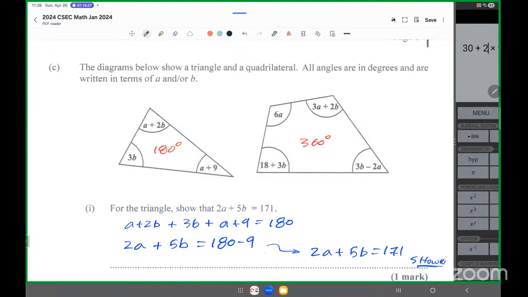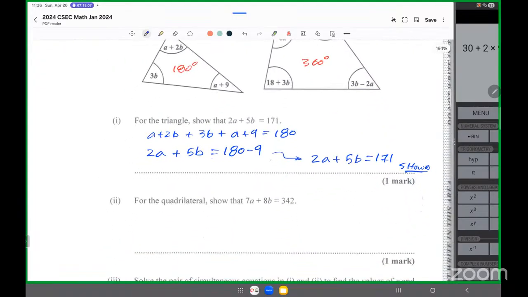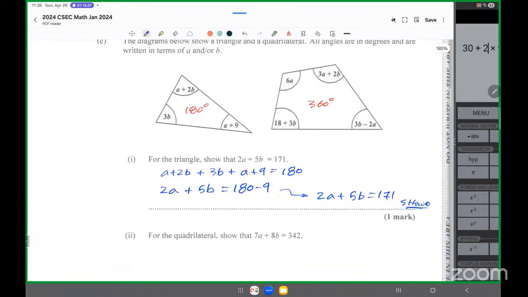I guess we're going to do something similar for the quadrilateral. So for the quadrilateral now, again, the total angles up here is 360. So we can do a similar thing with just 4 angles we're doing now.